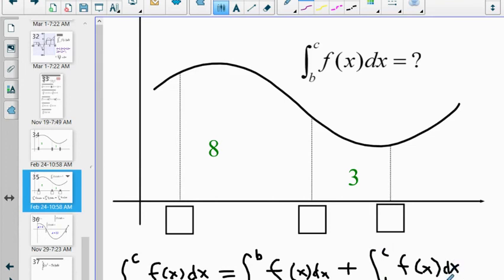And this is always true, assuming that there's no gaps or weird things going on.